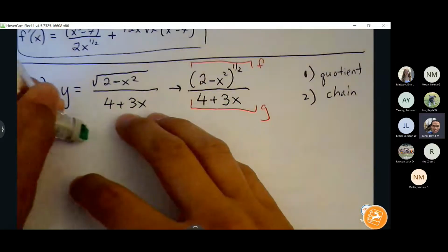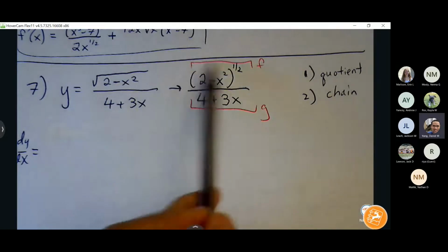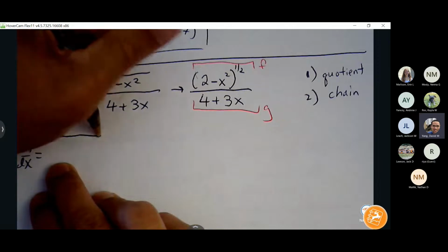Now, as we start quotient rule, we see that chain rule is going to get activated within this F prime, right? So you have a larger space there.